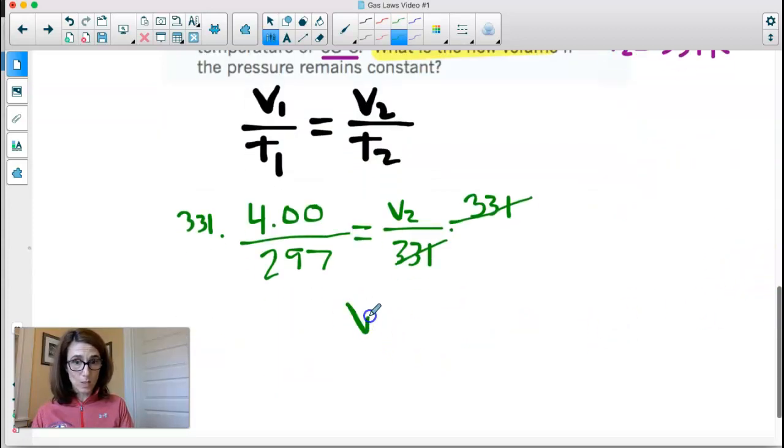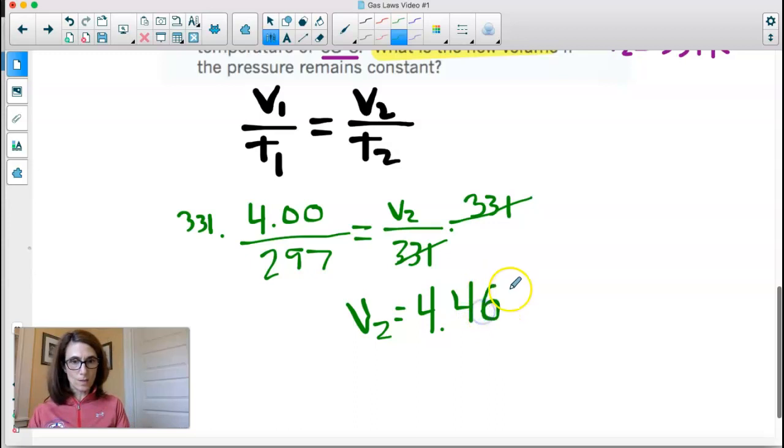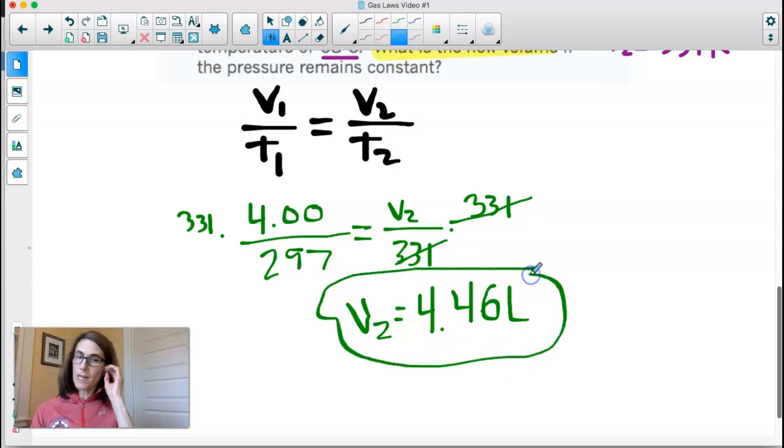So V2 equals 4.46 liters. We're going to use the same units as our original volume. You don't ever want to change that. So 4.46 liters for V2.